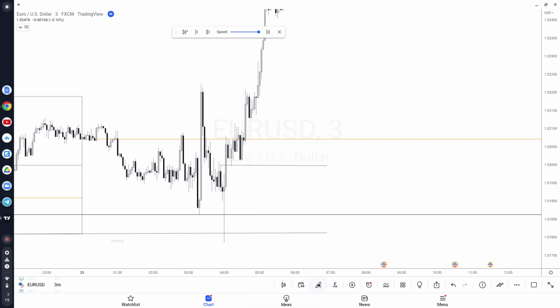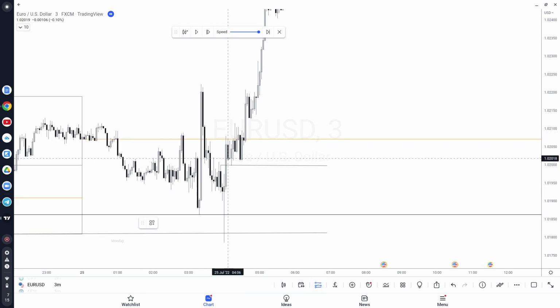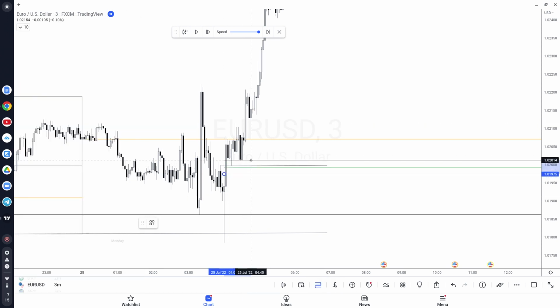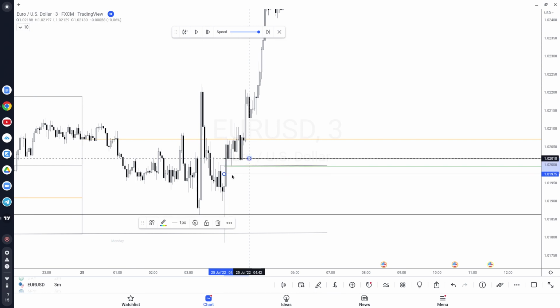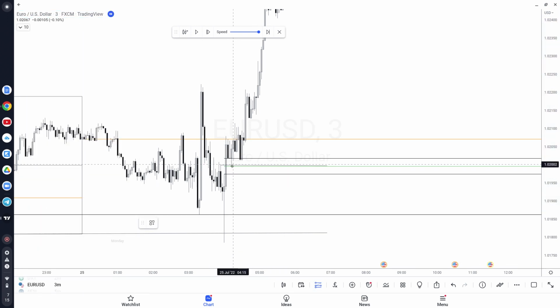So entries, and this is pretty steep, but entries typically would come here, or if the fair value gap is pretty much extended in range, then we can go from that candle to this candle's high, and we could enter at the 50% mark. You don't want to be right on the 50%, just make it make sense.